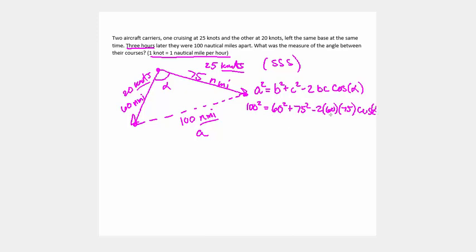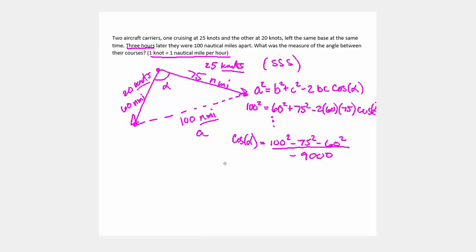There's a lot of number crunching here, so I'm going to skip a step or two and get down to where we could say that cosine of alpha, if you were to get that alone, would be equal to 100 squared minus 75 squared minus 60 squared all over negative 9,000. That's just doing the simple algebra to get cosine of alpha alone.